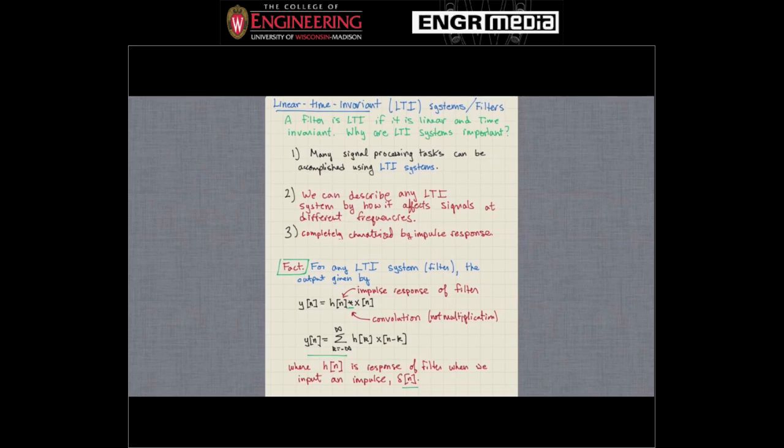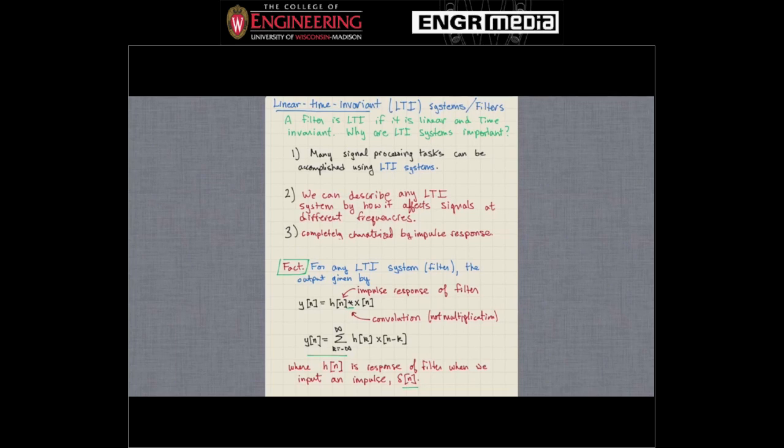Okay, so if we find out that a filter is LTI, linear and time invariant, why is that important? Well, the first one is many signal processing tasks can actually be accomplished using LTI systems.